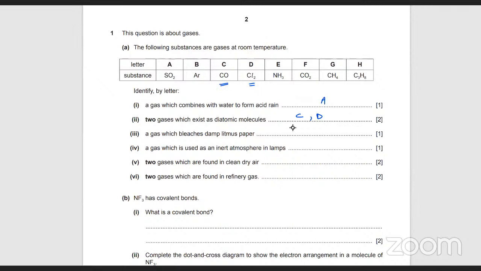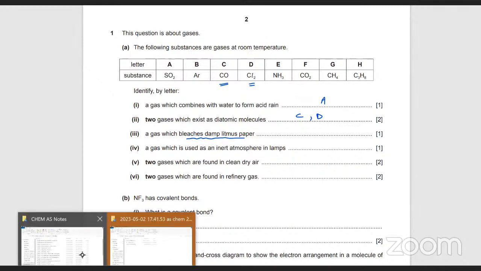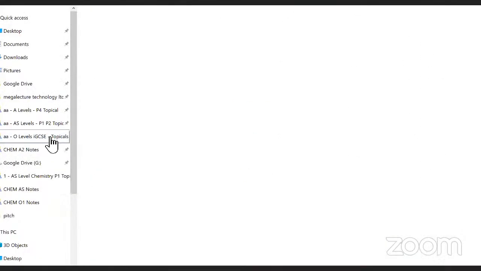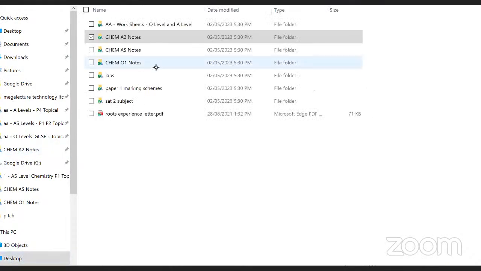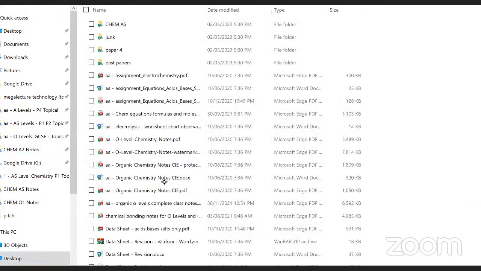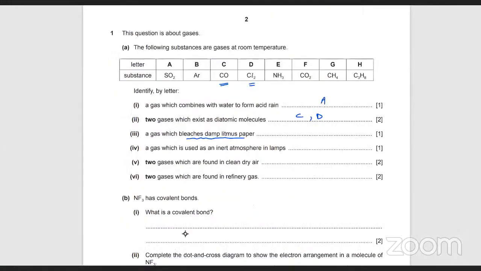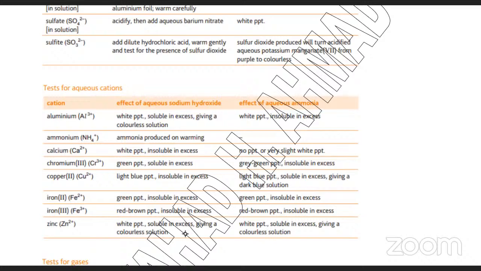Damp litmus paper bleach कौन करता है? Which gas? Whose test is this? Bleaches damp litmus paper. इसका अगर आप test of cations, anions, gases अगर देखोगे ना, तो इस sheet के अंदर you would notice that ये gases हैं सामने.